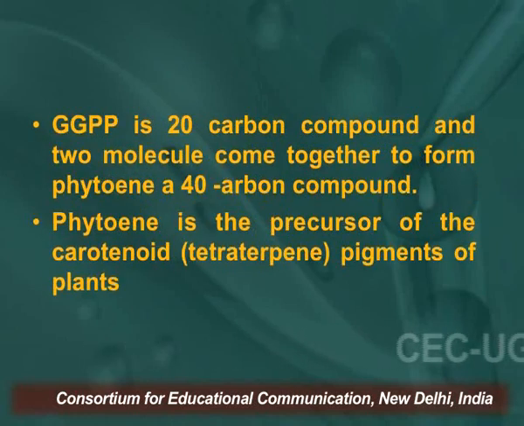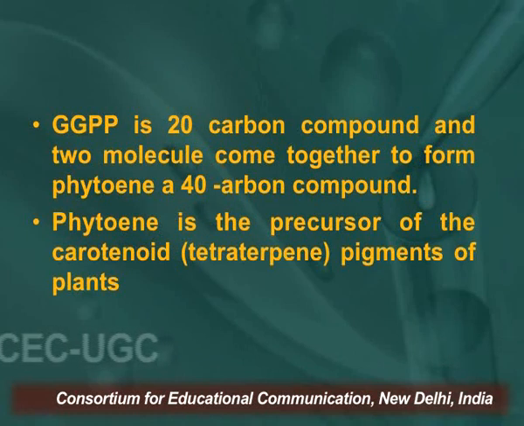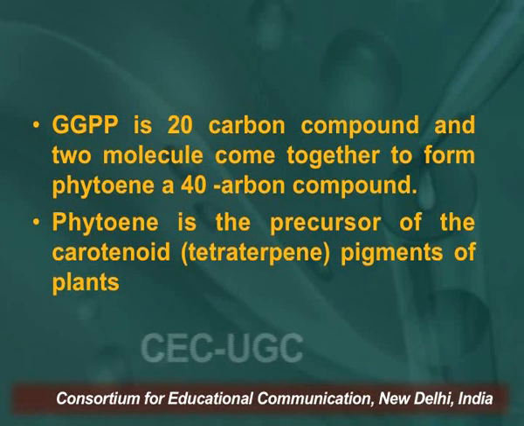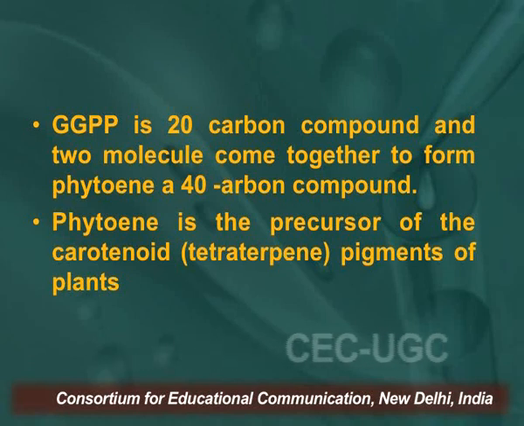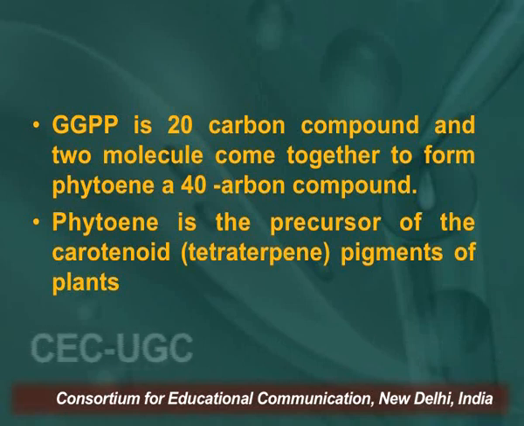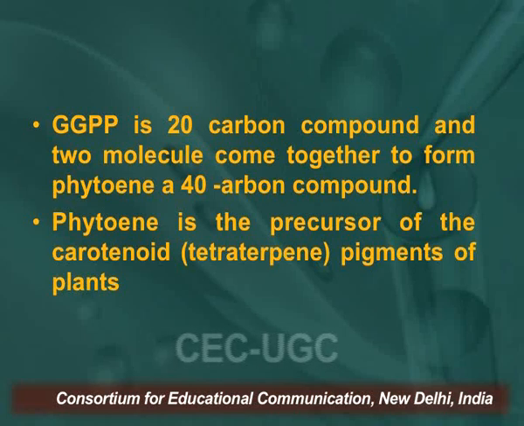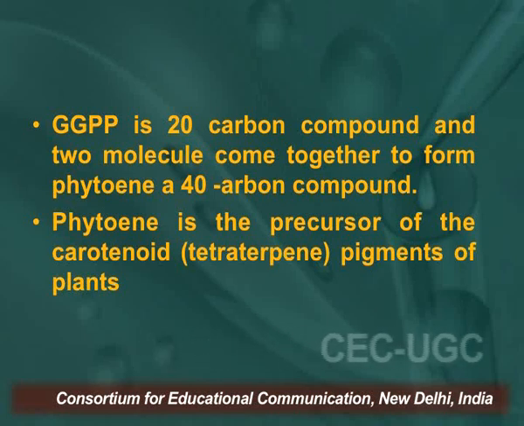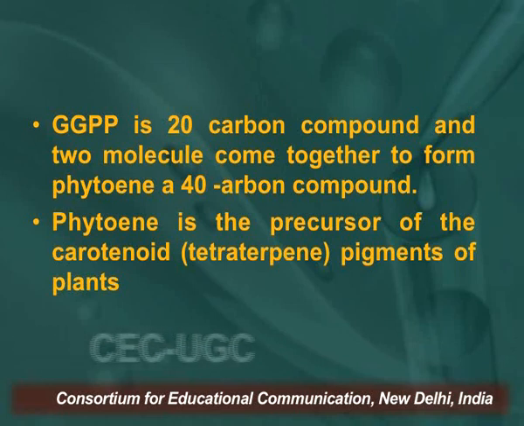Two molecules of that 20 carbon GGPP come together to form phytoene. That phytoene is a 40 carbon compound, and phytoene is a precursor of carotenoids, which are tetraterpenes. And these carotenoids are the pigments of plants.